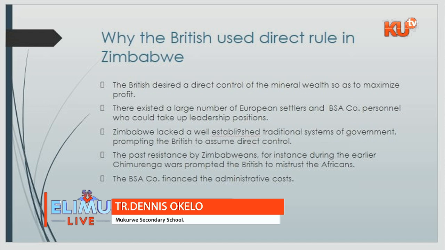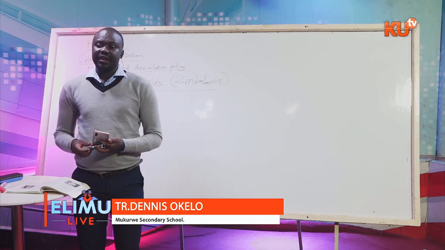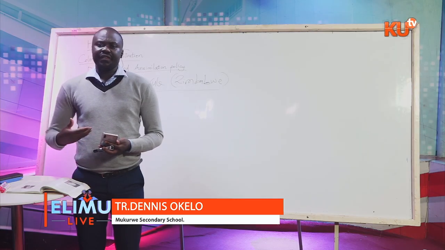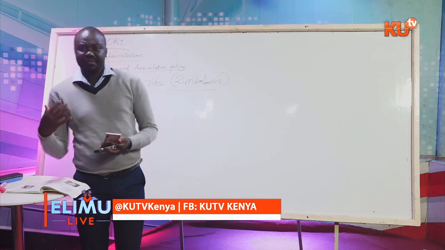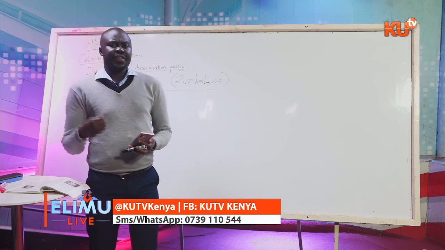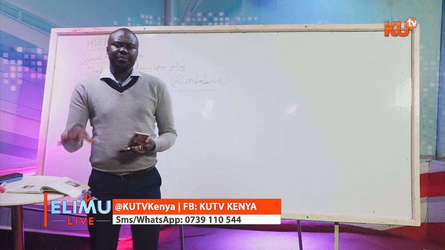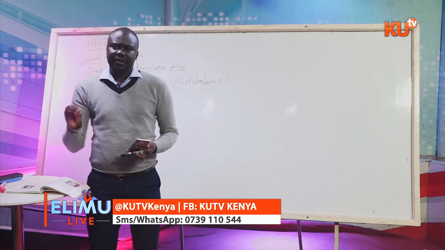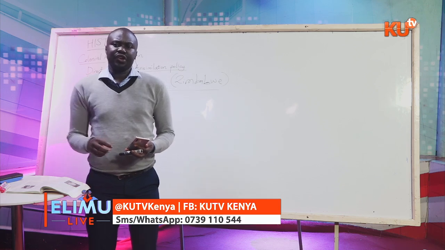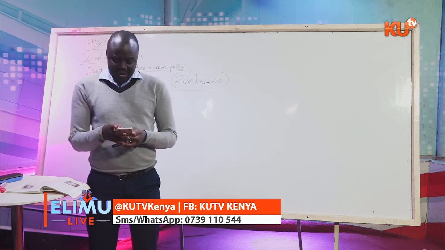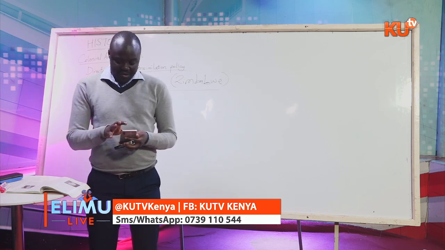Now, when the British had colonized Southern Rhodesia, I told you that in 1899, they gave Cecil Rhodes and his BSAC company the authority, the autonomy, to administer Southern Rhodesia as part of the British sphere of influence. So he used to administer that colony on behalf of the British.